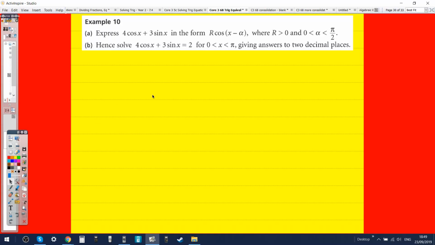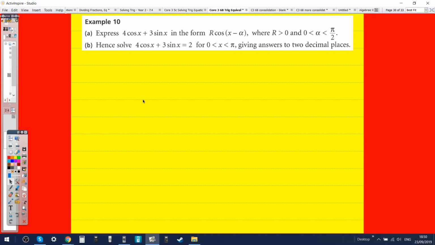Okay. So 4 cos x plus 3 sine x in the form r cos x minus A. We do the comparison thing that we did before. We rewrite it in the form r cos theta minus alpha. So that's proving it. Let's use our quick method: get r, get alpha.